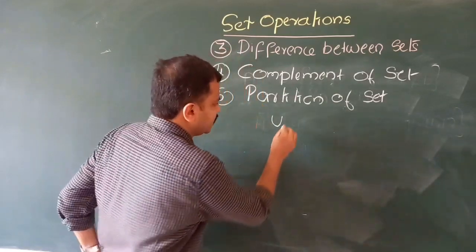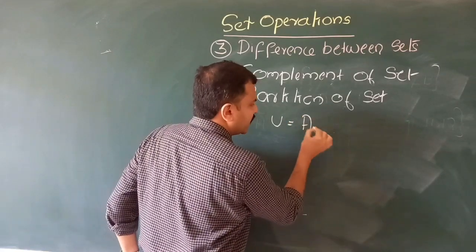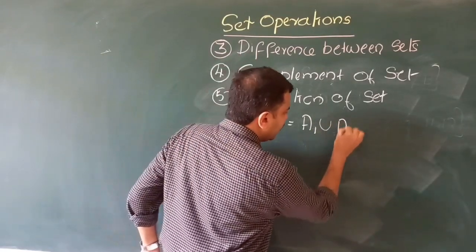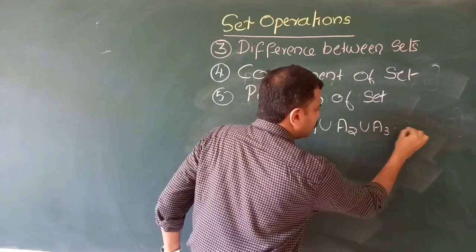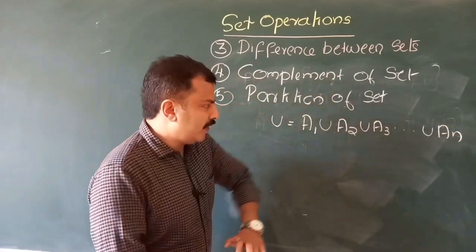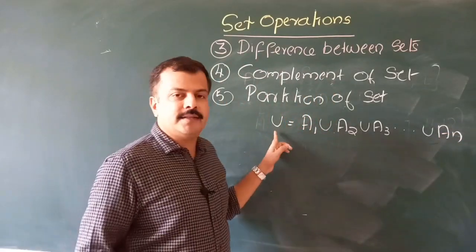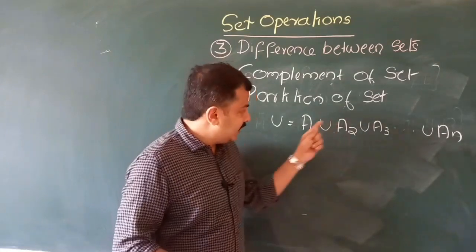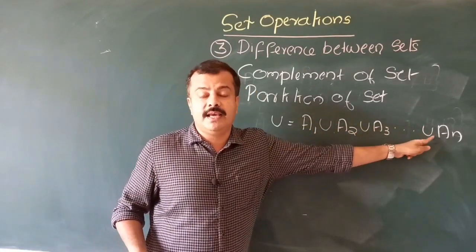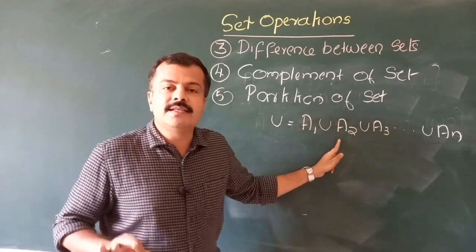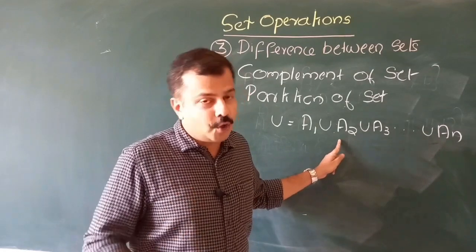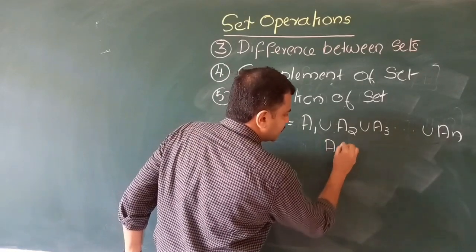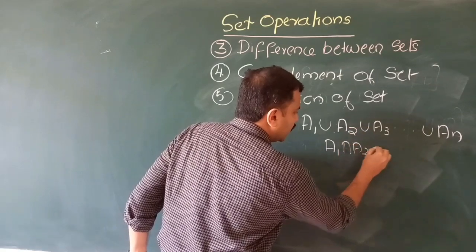So the universal set U is partitioned into a number of sets, for example, say A1, A2, A3, A4 and so on, whose union, A1 union A2 union A3 up to union AN, gives the original set U. And the important point is that the intersection between these subsets will be an empty set, because it is assumed that these sets are mutually exclusive, non-overlapping, disjoint sets. Mathematically, A1 intersection A2 will be an empty set.